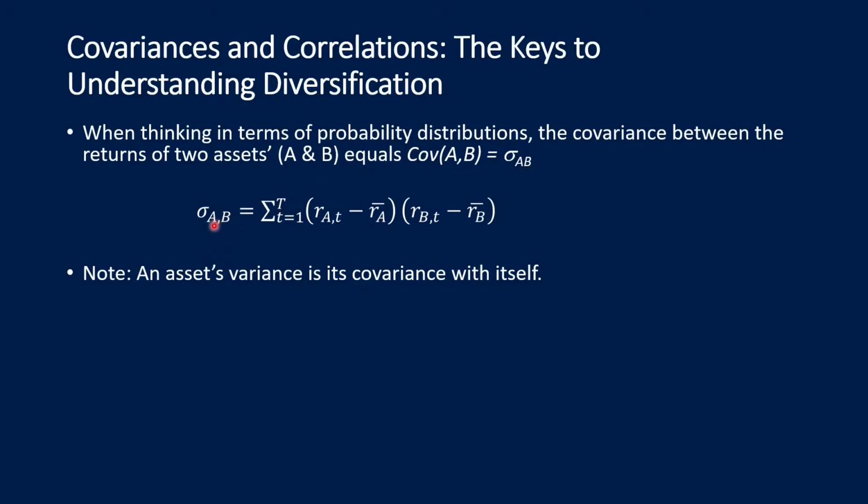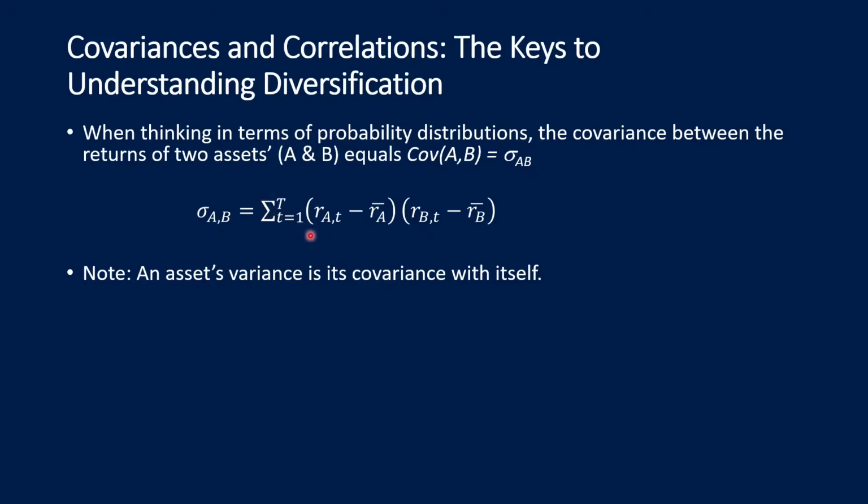So the covariance is given by, and this is written in terms of empirical data, so in terms of empirical seen returns, daily returns, for example.